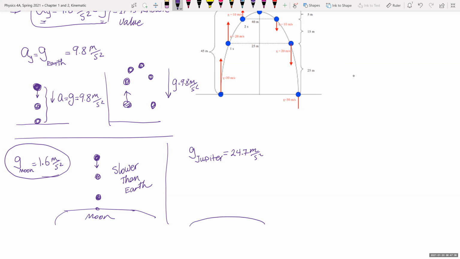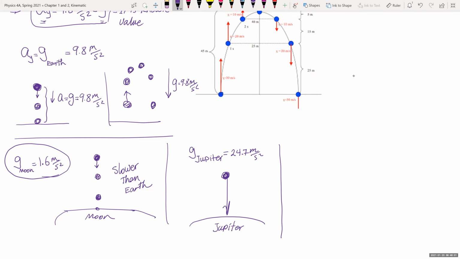So if I drop this ball on planet Jupiter, it will fall very much faster than on Earth, 2.5 times faster.